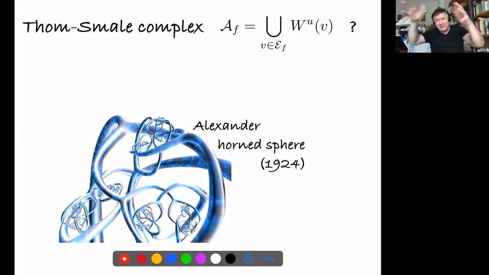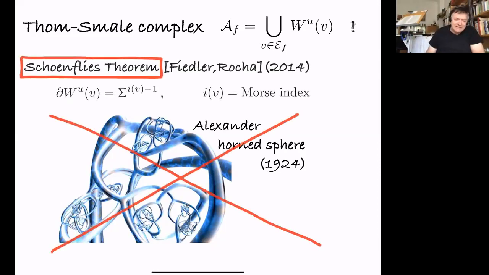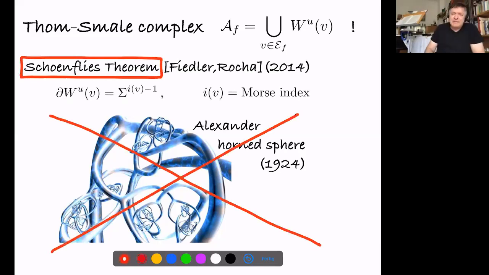That's where the other equilibria are, at the boundary of the unstable manifold. This boundary can be quite complicated, as the Alexander horned sphere, a homeomorphic embedding of a two-sphere into three-space, already shows. This cannot be extended to a homeomorphism of three-space from the standard reference two-sphere to the Alexander horned sphere. However, in our setting, there's a Schoenflies theorem which says that such complications do not happen.